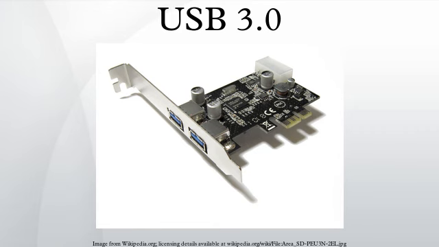Backward compatibility: Type A plugs and receptacles from both USB 3.0 and USB 2.0 are designed to interoperate. Type B receptacles in USB 3.0 are somewhat larger than would be required for a Type B plug in USB 2.0 and earlier.